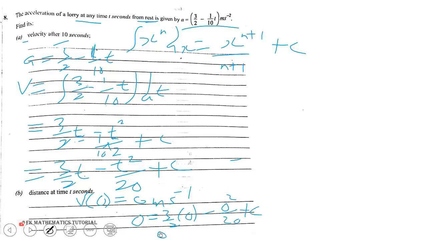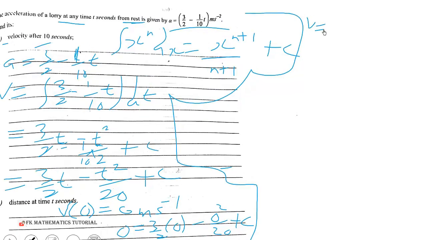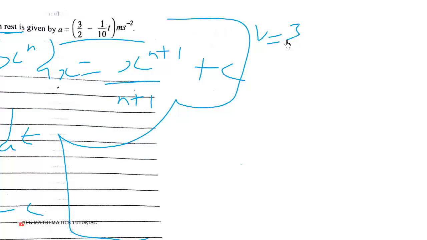So that gives us 0 equal to c. We fix it back into the velocity to get the velocity equal to 3/2 t - t squared over 20 meters per second. So that is the velocity function in terms of t.